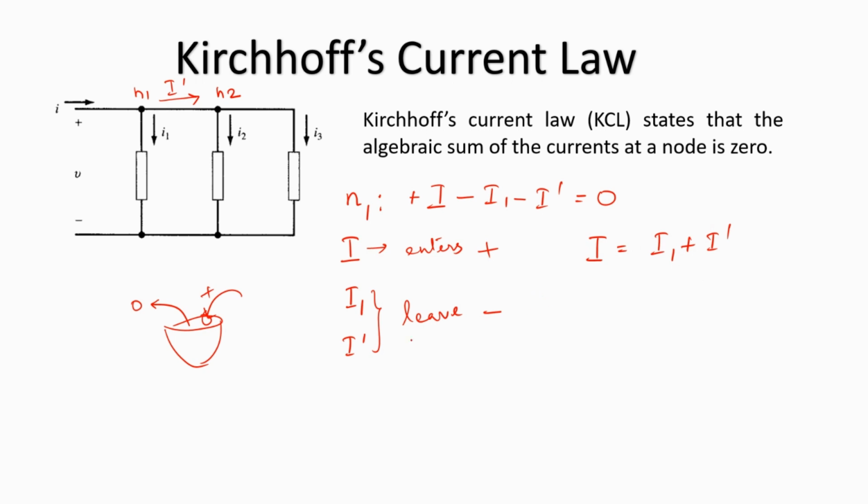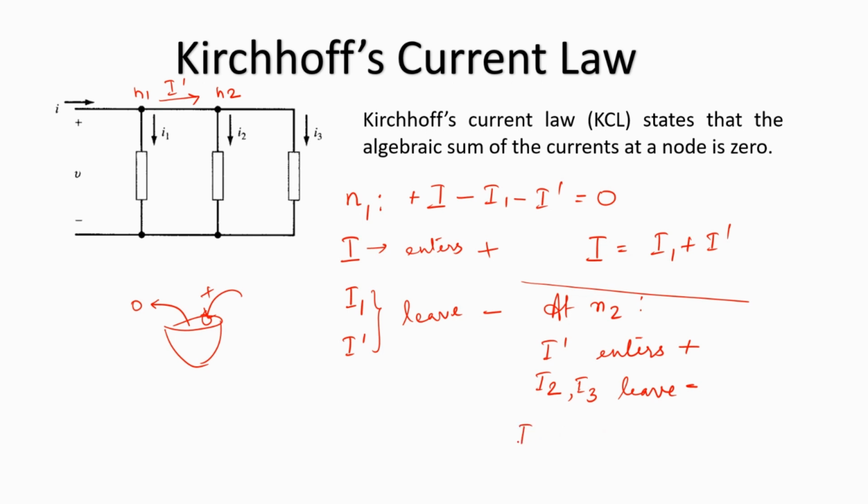Now let's look at node N2. At N2, here again we have I dash, which is entering, so it will have a positive sign, but I2 and I3 are leaving, so we'll have a negative sign for it. So writing the KCL equation for node N2, what are we going to do?